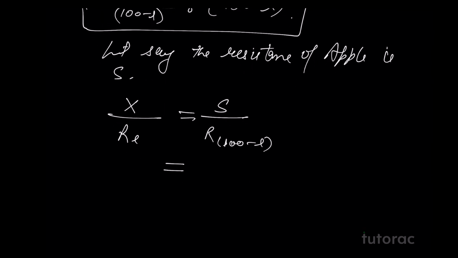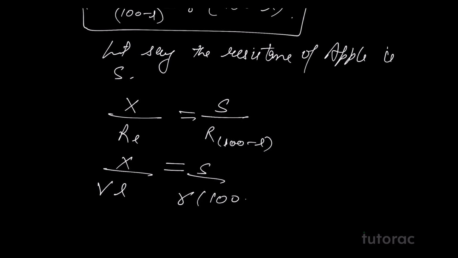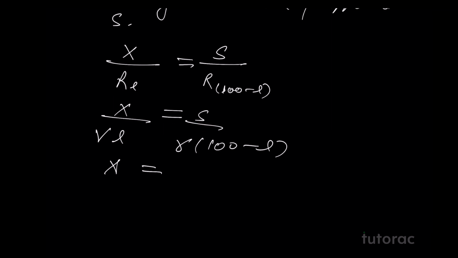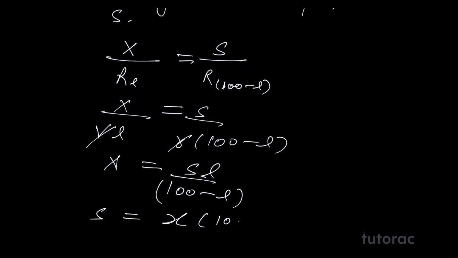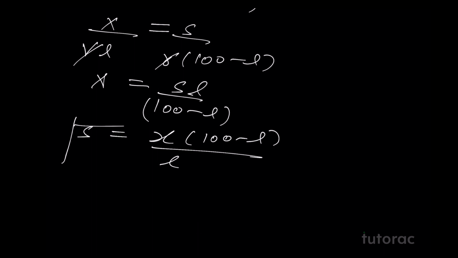We have gamma L, so we get X upon gamma L equals S upon gamma into (100 minus L), and if I cancel out this gamma, X upon L equals S upon (100 minus L). In order to calculate S, S equals X multiplied by (100 minus L) upon L. So this is the easiest way where we can calculate the resistance of any unknown wire.